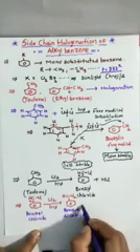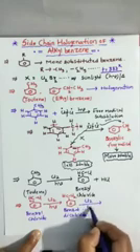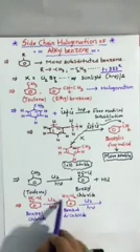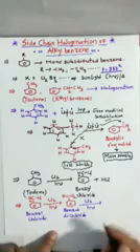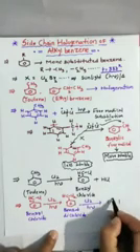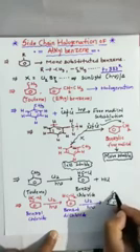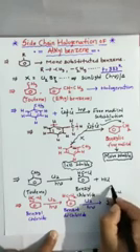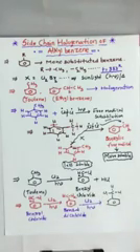Clear? If you pass still more chlorine in the presence of sunlight, another hydrogen is there, na? That hydrogen is also substituted, and finally all three hydrogens from the methyl group are substituted by chlorine.